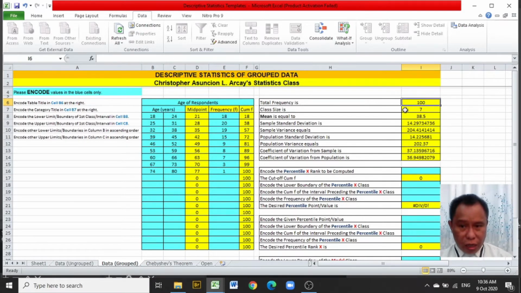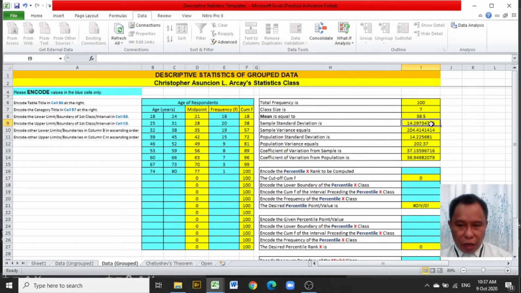The class size is 7 because the lower limit of one class differs by 7 from the lower limit of the next class. The mean of the group frequency distribution, the age of the group frequency distribution, is 38.5.